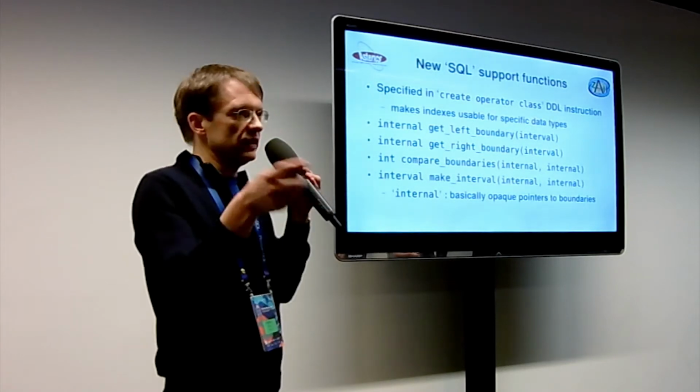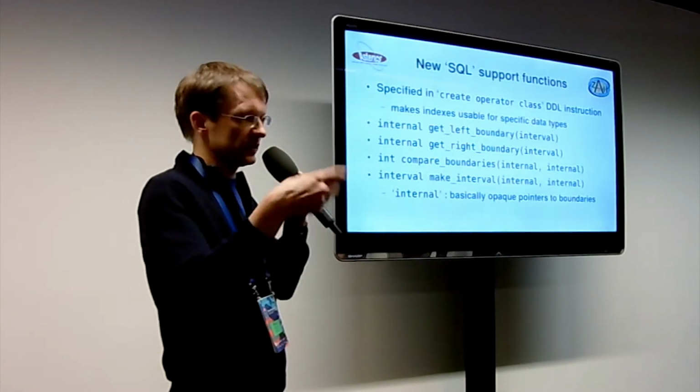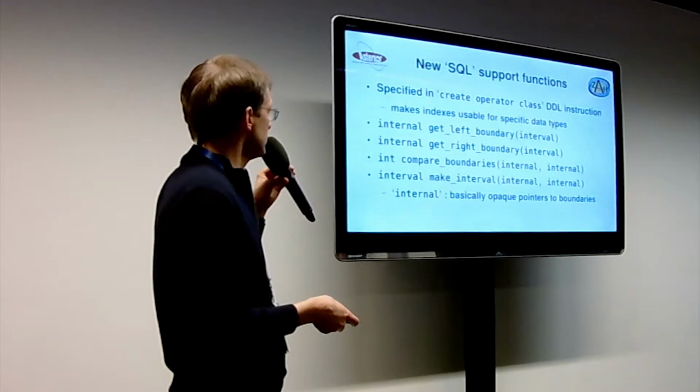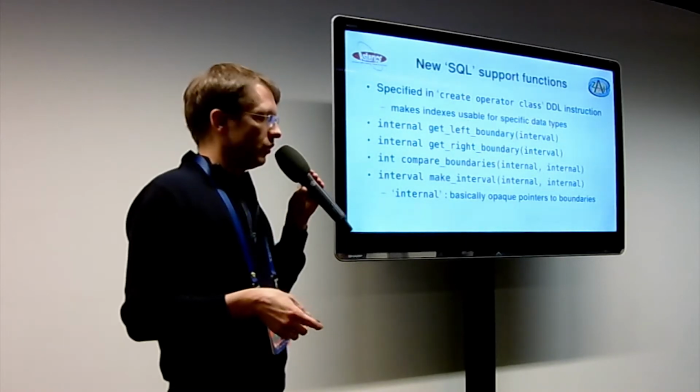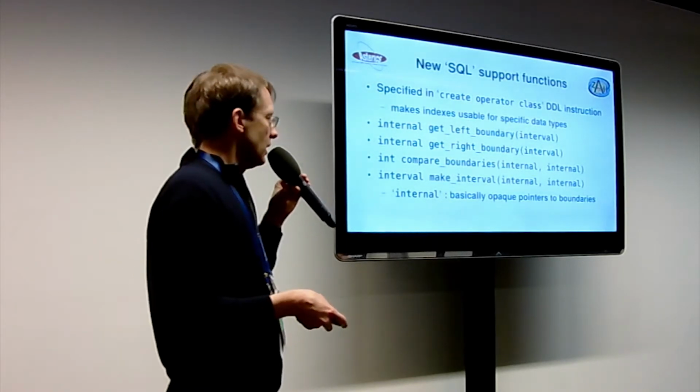This is of course needed to make the sort order of the intervals internally work in the B-tree indexes. And also, obviously, a function to create a new interval data type when the boundaries are given. And everything else, including partially also the sort operations, should be provided.